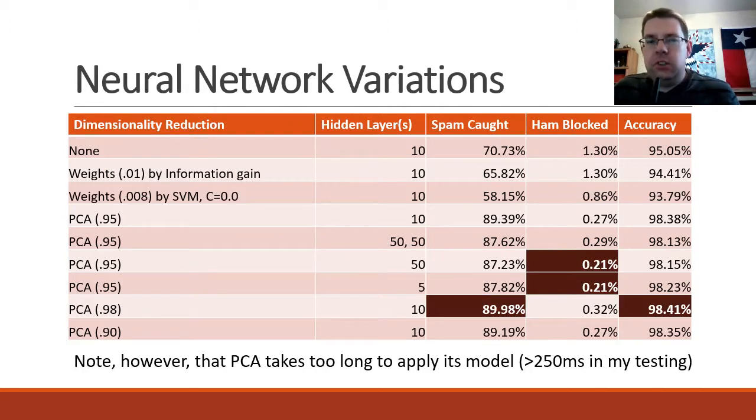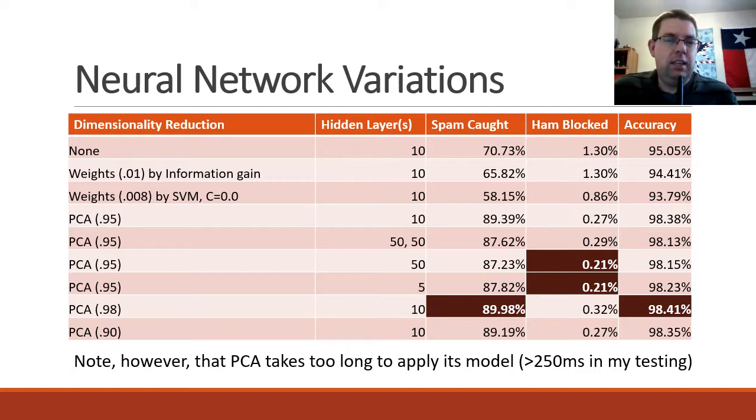Next, I want to talk about neural network, which is probably the most interesting case. As I mentioned before, this is one of the algorithms that took a long time to run, so long that it would be difficult to use, or probably impossible to use in a production environment with something as time sensitive as text messages. As you can see, with no dimensionality reduction taken, its performance is rather middling.